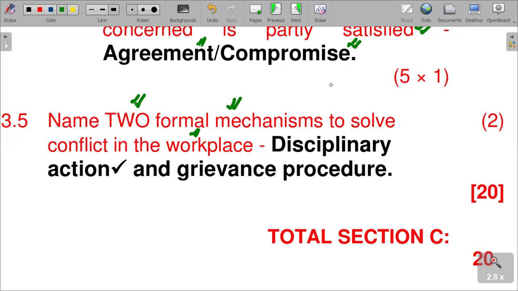The grievance procedure is that people's differences are fully attended to, given the chance to present and critique them constructively, and as formally as necessary. So these are the formal mechanisms that can be brought forward to solve conflict in the workplace.